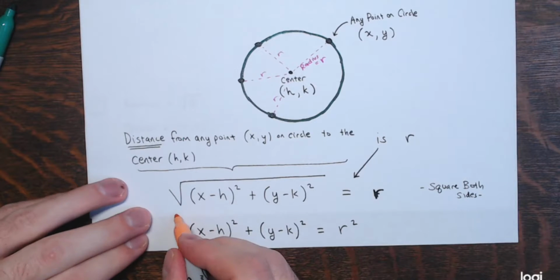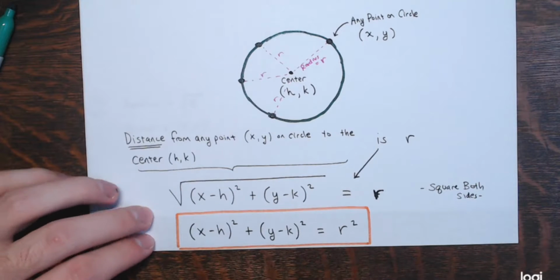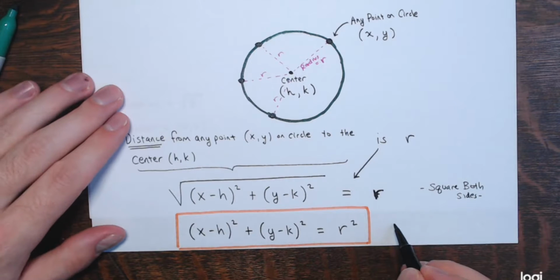This formula here, this equation, this is the standard form equation of a circle.